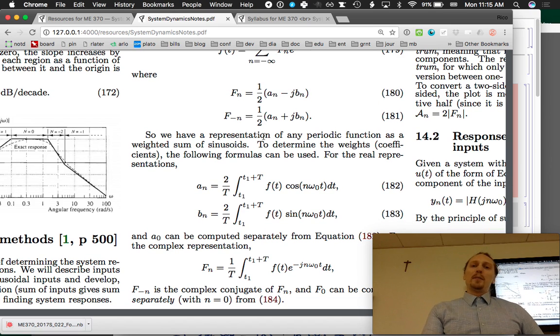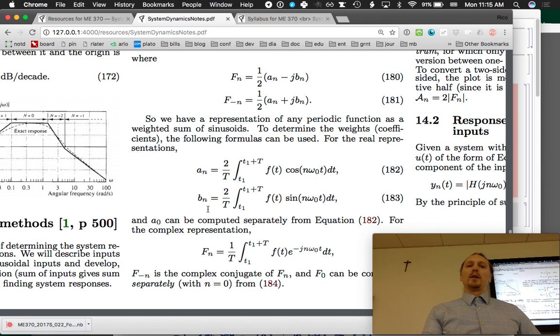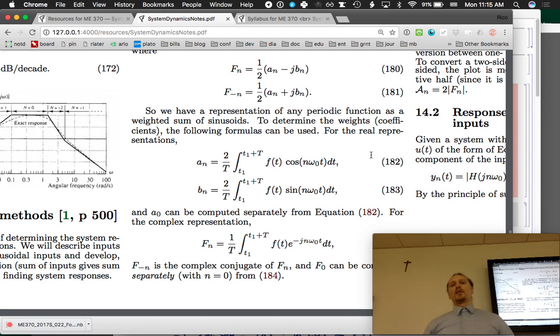So, we have a representation of any periodic function as a weighted sum of sinusoids. To determine the weights, the coefficients, the following formulas can be used. For the real representations, you can compute the lowercase an and bn terms as these integrals, okay?